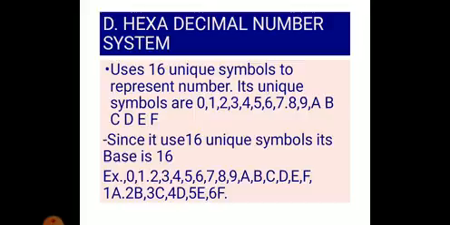Since it uses 16 unique symbols, its base is 16. Look at the example: 0 to 9 is given, and after 9 it starts from A. This system can use a combination of numbers as well as alphabets, so 1A, 2B, 3C, 4D, 5E and 6F are also used.